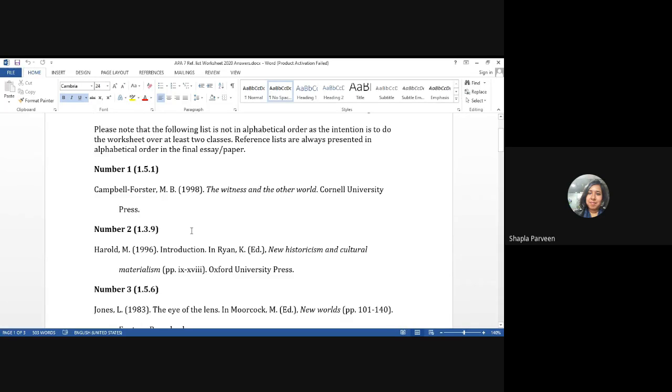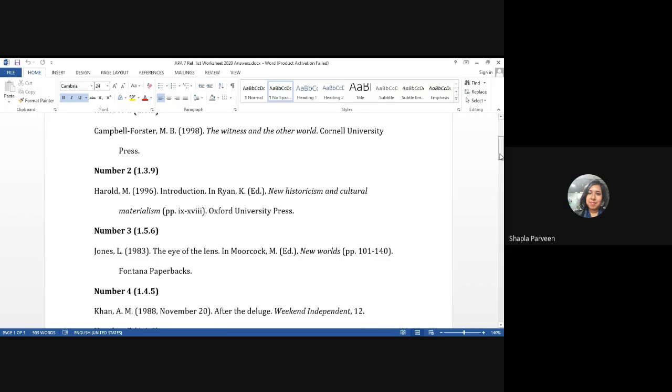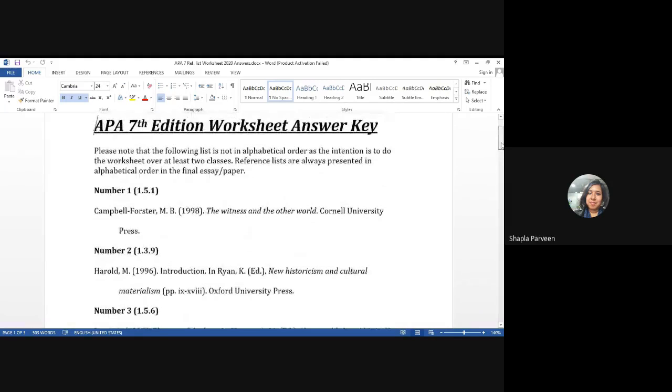Okay, now this list, the answers given here, it has not been organized in alphabetical order. Normally, when we write the reference list, if you check at the end of any book or journal article, you'll find the reference list.